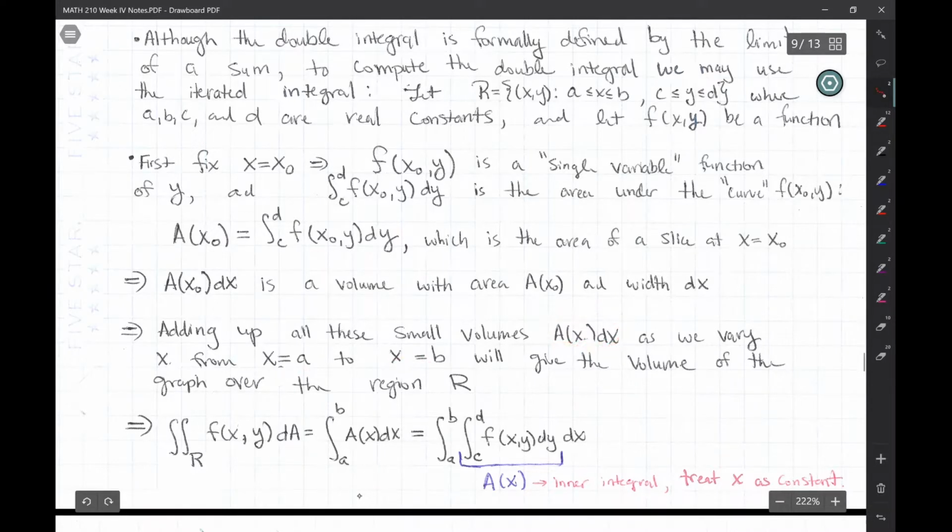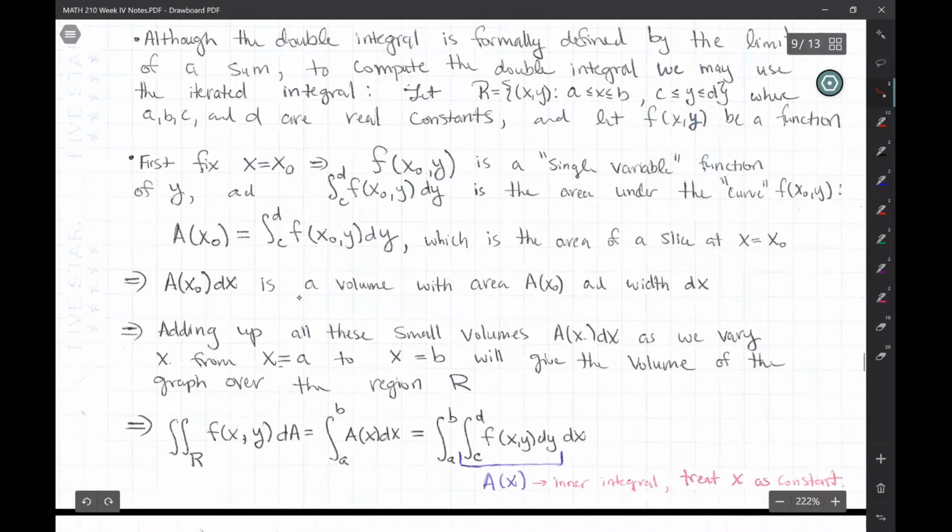And what we should then get is a volume. So here we're going to do the double integral this way. It's the integral from a to b over dx of the area of each of these slices, which when multiplied by dx gives you a volume. So you're adding up all these small volumes. And what is A(x)?